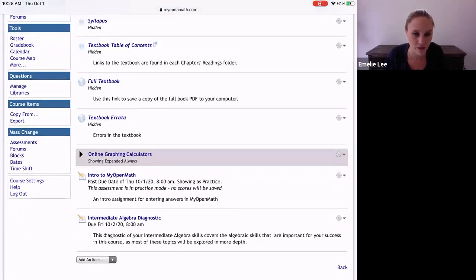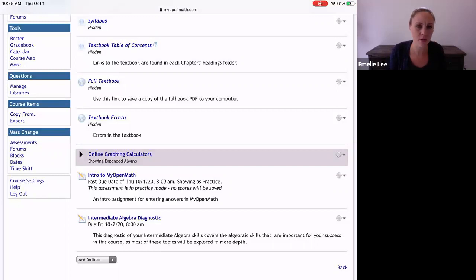Of course, you don't have to deal with all these. If you've done all those, then no, you don't need to repeat it, as long as you have something. Okay, so the intro to my open math was due before. Weird.